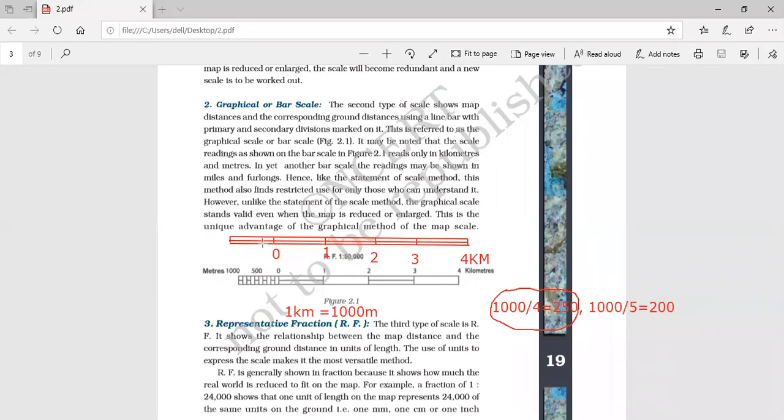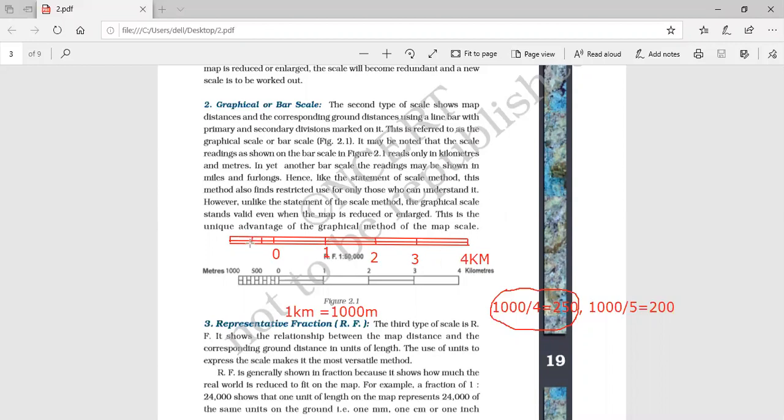Like if we have a line of 3 centimeters, 3 centimeters means 30 millimeters. How are we going to divide the 30 millimeters into 5? It means 30 divided by 5, so 6 millimeters for each line. Please do the calculation.